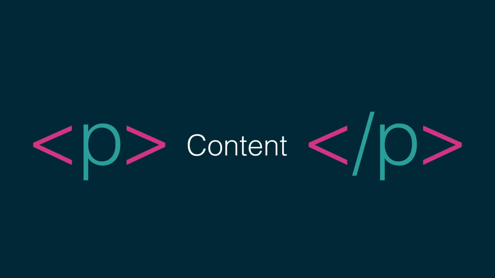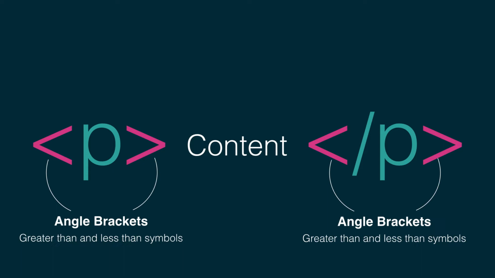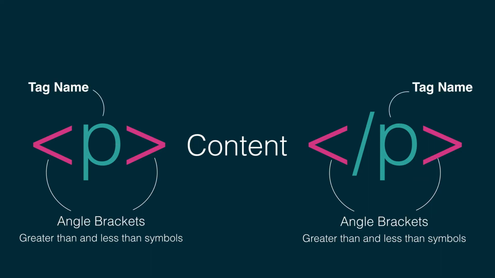But looking closer at the anatomy of the tags, the tags start with angle brackets, which are just greater and less than symbols. And the tag name goes between the brackets. The tag name is usually just a shortened form, or sometimes even the actual word of a word or phrase that it means. And then in between there is the content.